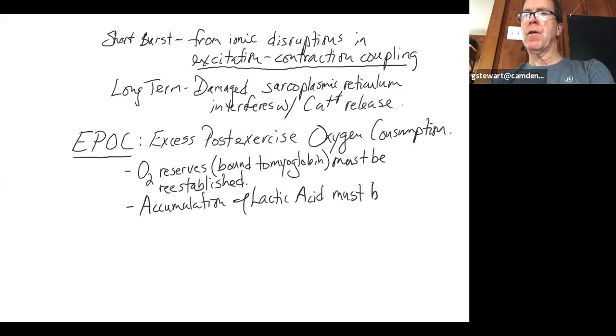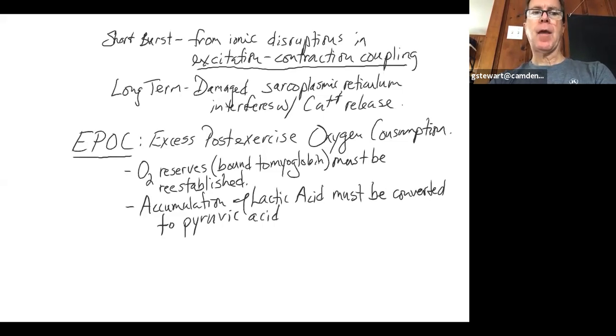It must be converted to pyruvic acid, aka pyruvate, or transported to the liver and broken down to glucose and glycogen. I'm just going to say transported to liver for breakdown.